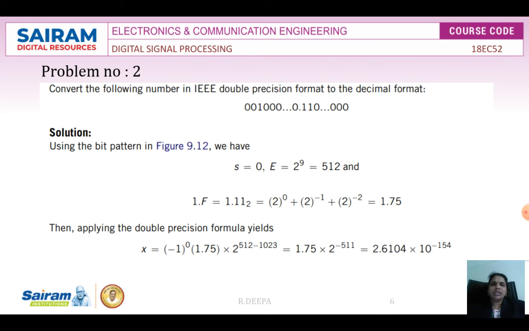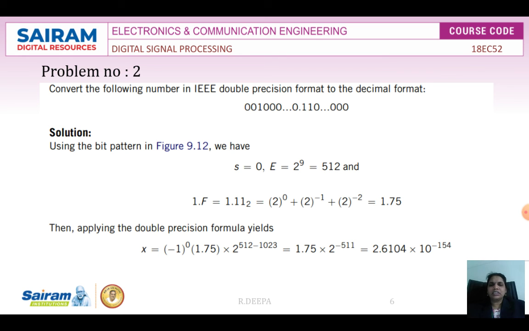The exponent has 9 bits, so it is 2 to the power of 9, that is 512, and the fractional part, as you can observe in the given data, is 0.11, so we have taken it as 1.11, and we have calculated the equivalent decimal value as 1.75.